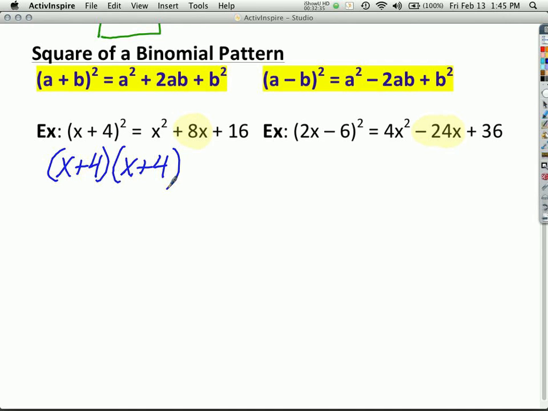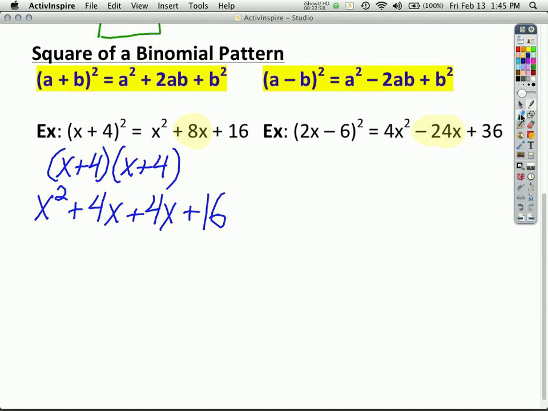FOIL it. Remember I said we were going to start saying FOIL it a lot? First terms, x squared. Outer is 4x. Inner, 4x. Oh, look at that. And last terms, 16. And so Paige did a lot of the effort for us during the warm-up when we were kind of trying to go deeper.